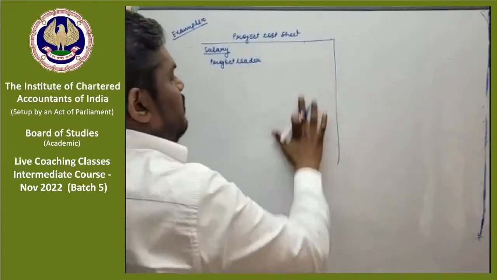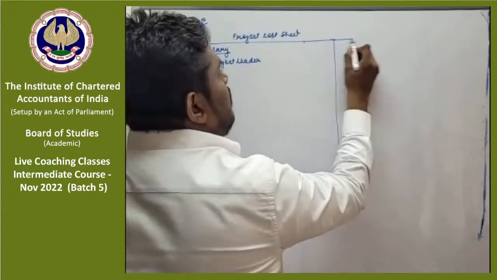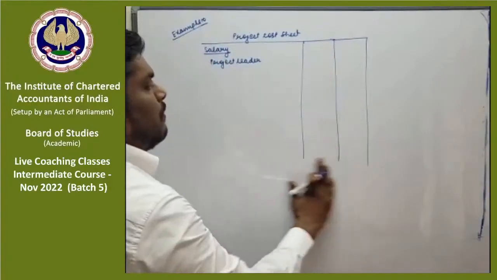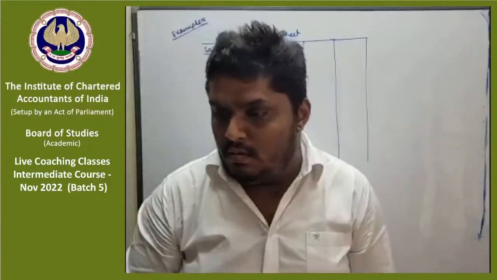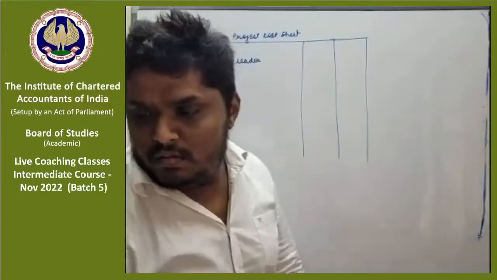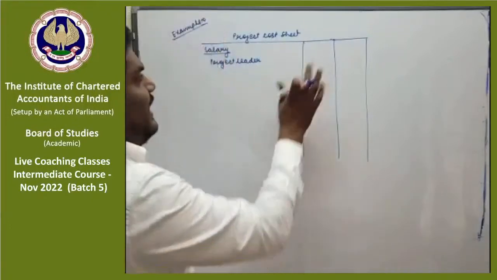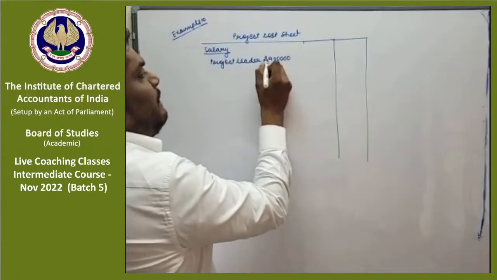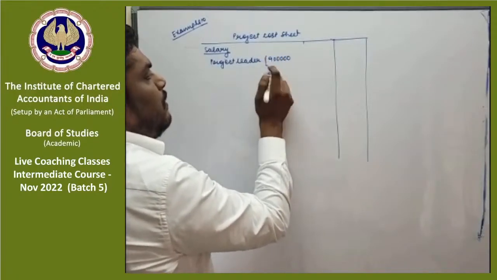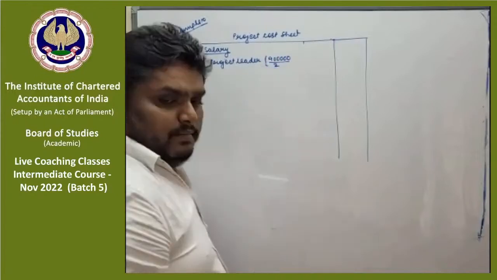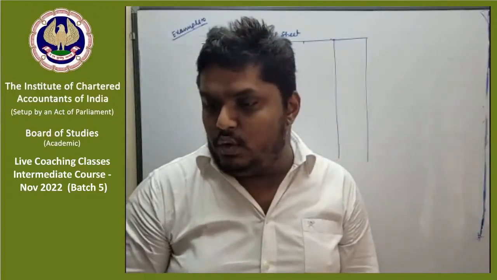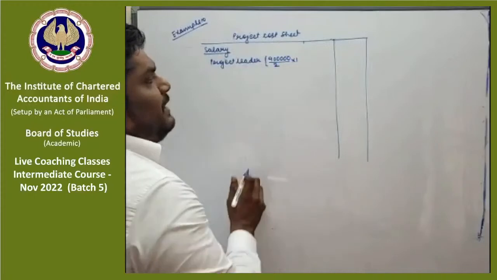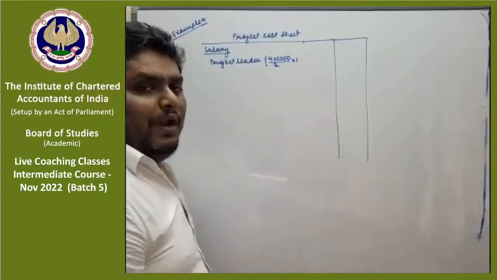One project leader, so the salary will be calculated as 9 lakh is the total salary paid for the 2 project leaders, and we have employed 1 project leader, so his salary will be 4,50,000.